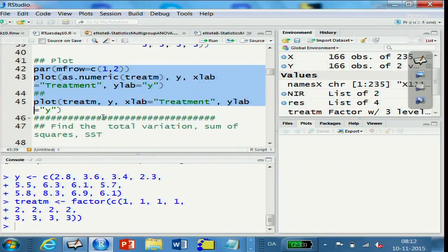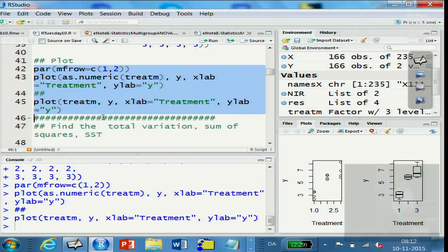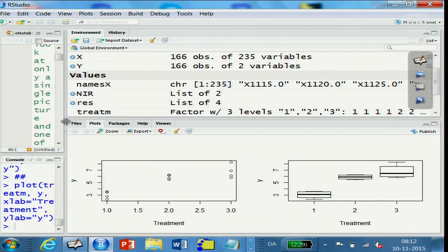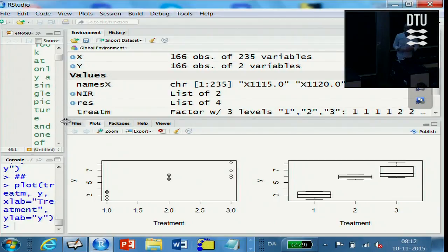I do some basic plotting here, quite straightforwardly. One is just a dot plot showing the 12 observations explicitly like that, and the other is a box plot telling me that there seems to be some group differences here, right? Looking at this, I have some clear message.